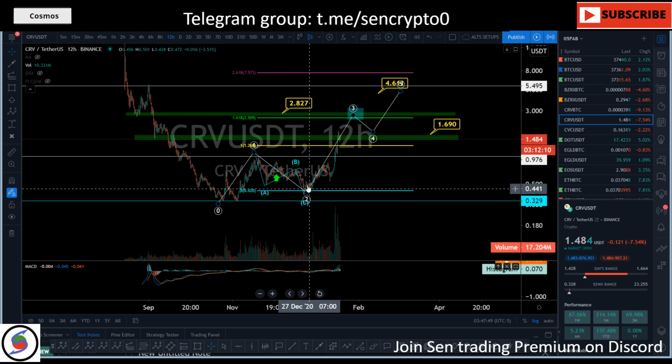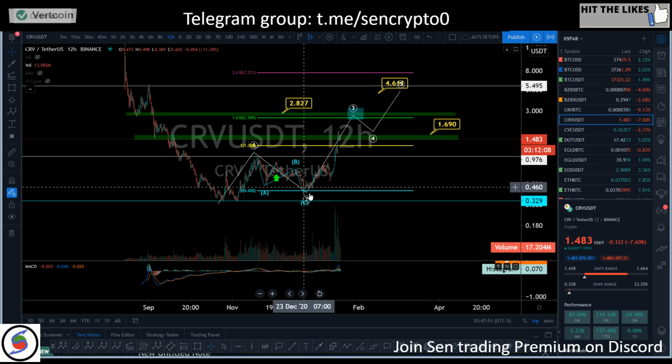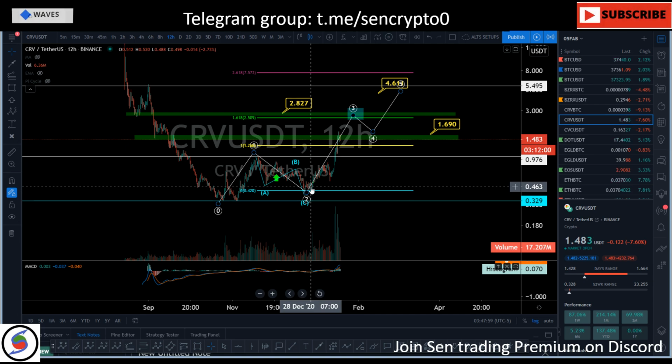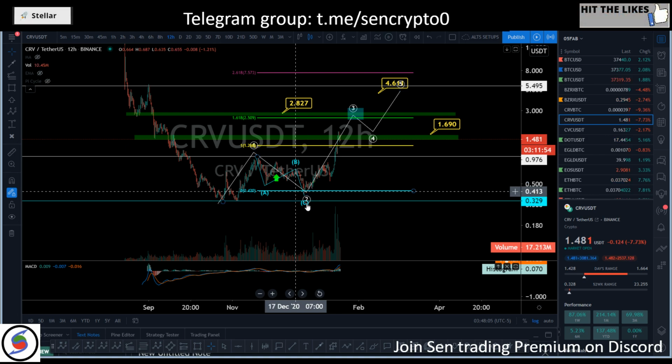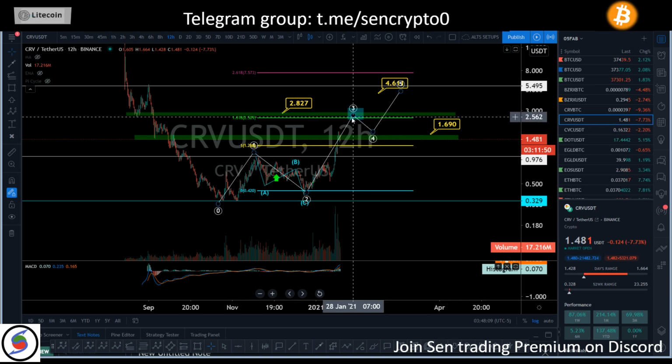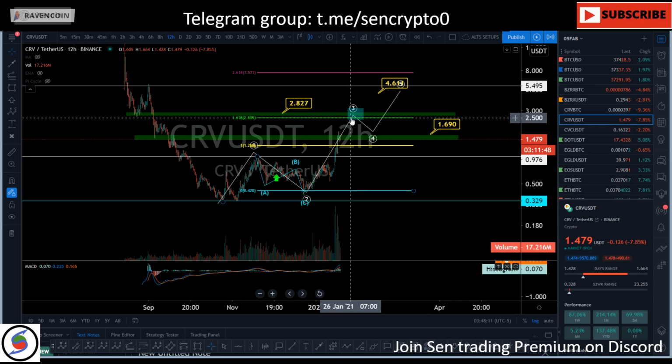We also called CRV when it was bottoming right here, about 40 cents. What we said, guys, is CRV, TRB, BZRX, Balancer, they all got the same structure: a 5-wave impulsive move, ABC correction to the downside, another 5-wave impulsive move to the upside, and a 1.618 extension just about the 250 to 280 area.